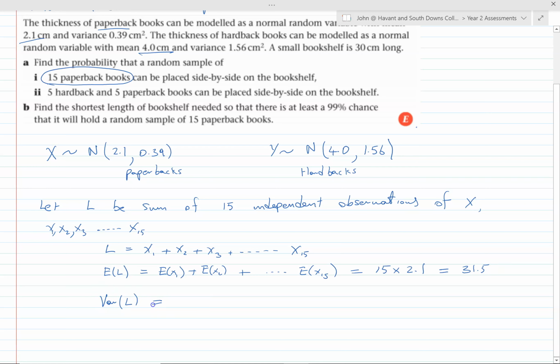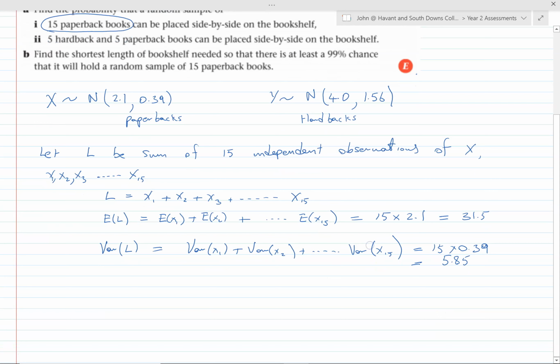Variance of L is the same thing, variance of X1 plus the variance of X2 plus up to the variance of X15, which is 15 times 0.39. And that equals 5.85.